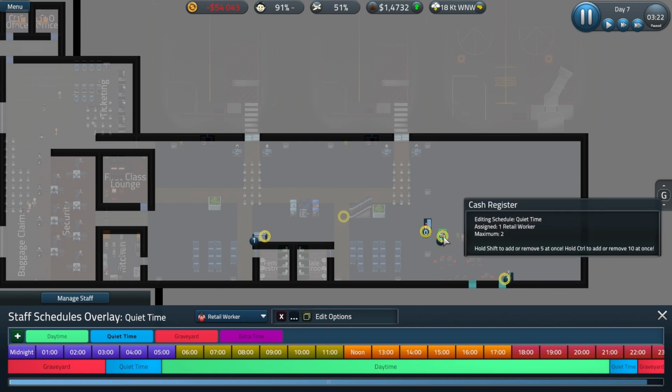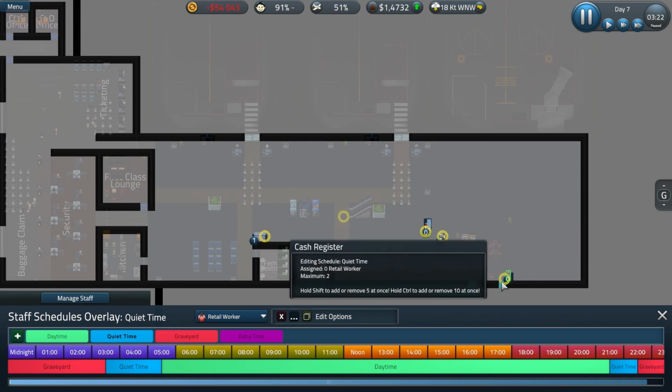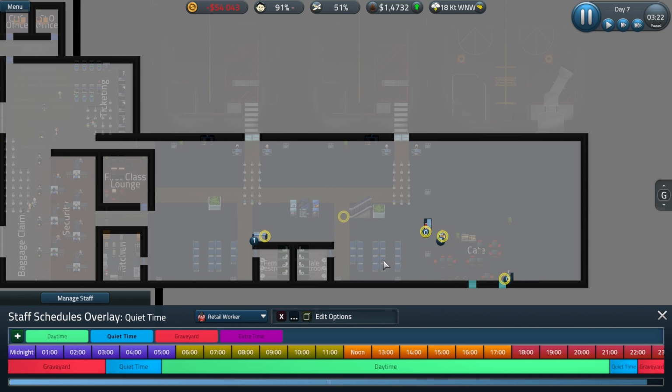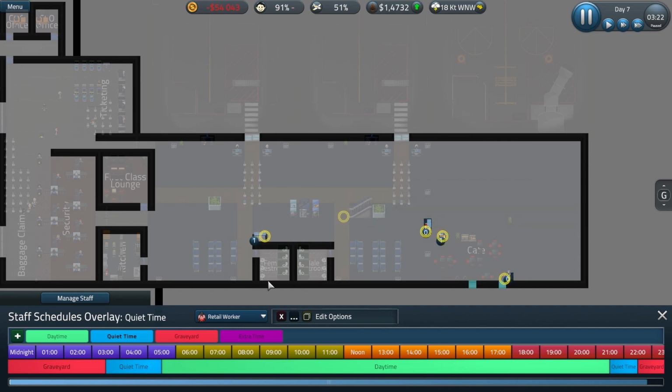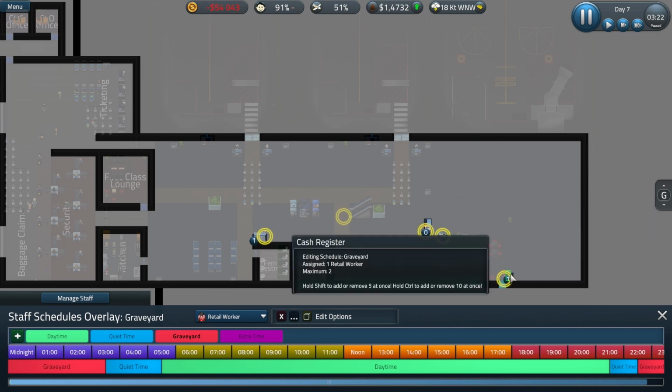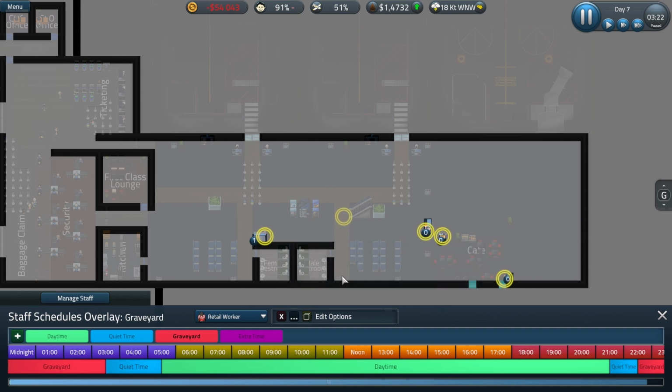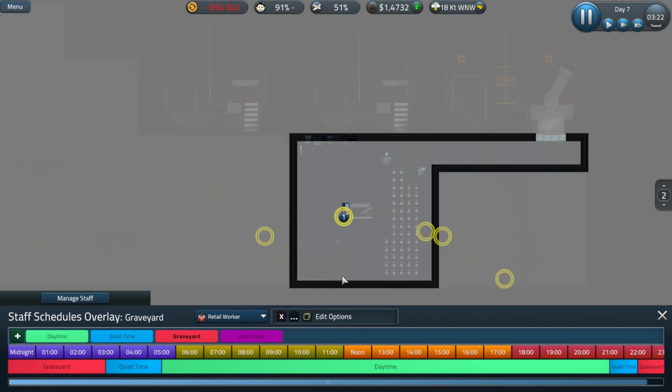We only need 1 cash register open, and let's not forget about upstairs. We don't need that one open, I think, during the quiet time. Certainly during the graveyard shift, we'll leave 1. Close those. Yes, we can shut down the cafe. Again, let's not forget about upstairs.